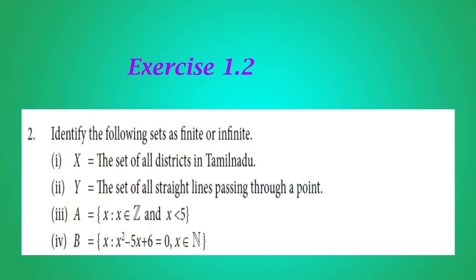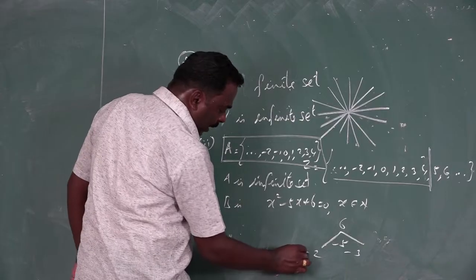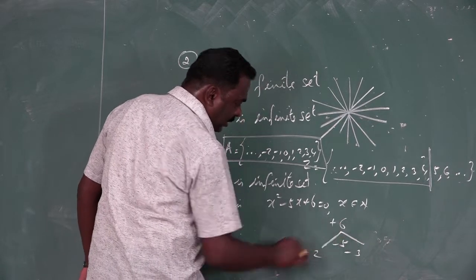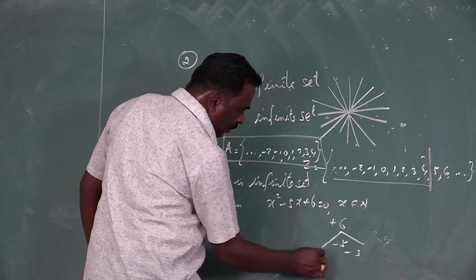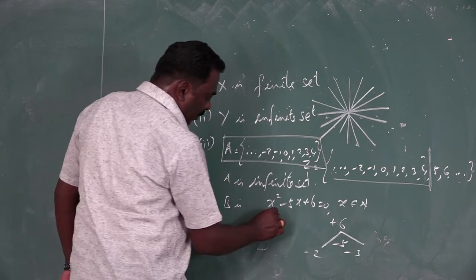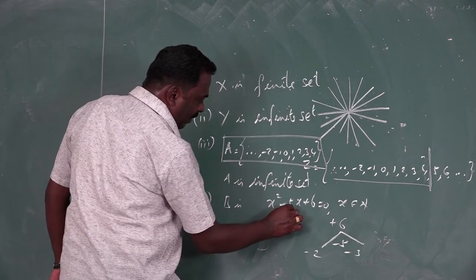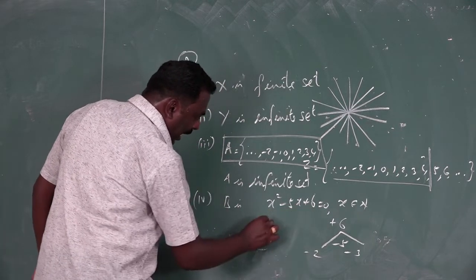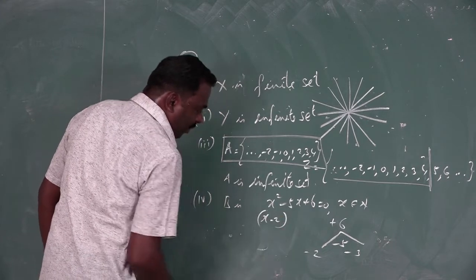Take the number 6 and factorize, we want to get the number minus 5. What are the possible numbers to multiply? It is 2 into 3, and both numbers are minus. Minus into minus is plus 6, and adding these two numbers we get minus 5. So therefore we can write x square minus 5x plus 6 equal to 0 as x minus 2, which is one factor.